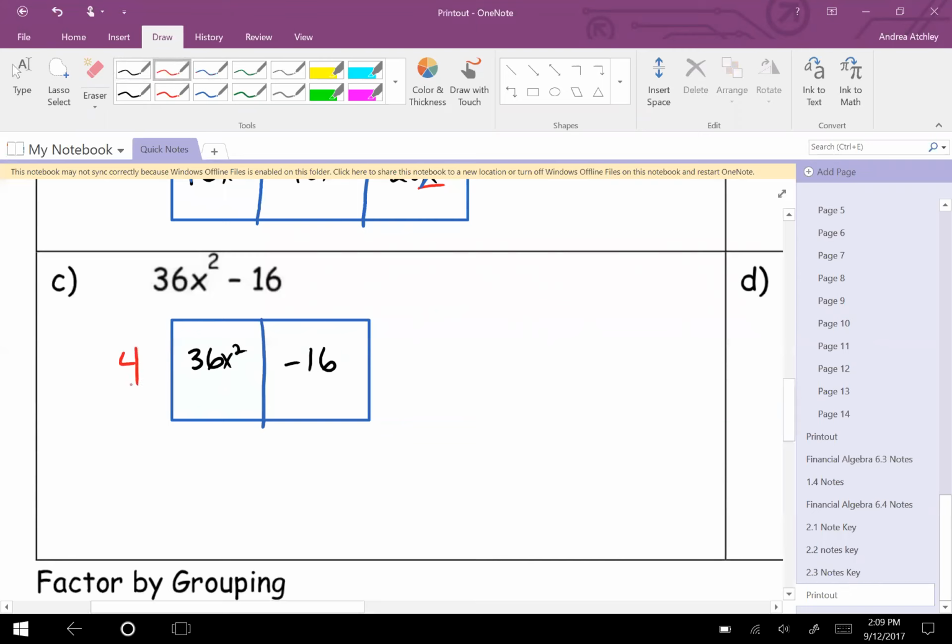Do they both have variables? No, so we don't have a variable here. Okay, so then when we factored, 36 divided by 4 is 9x squared, and negative 16 divided by 4 is negative 4. So my factors were 4 times 9x squared minus 4.